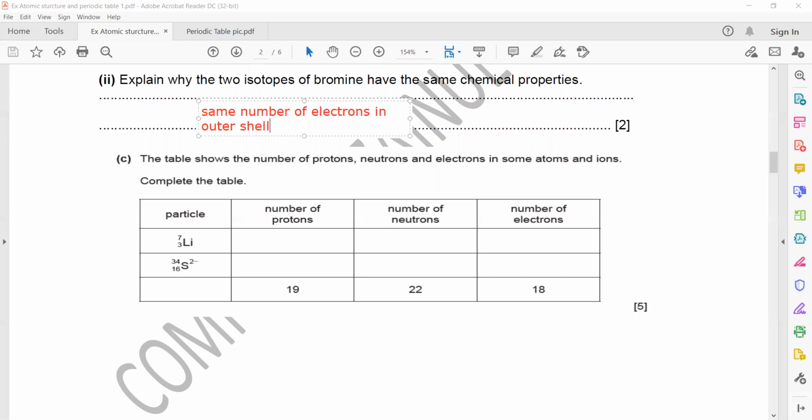So as they have the same number of electrons in the outer shell, that's why they have the same chemical properties.